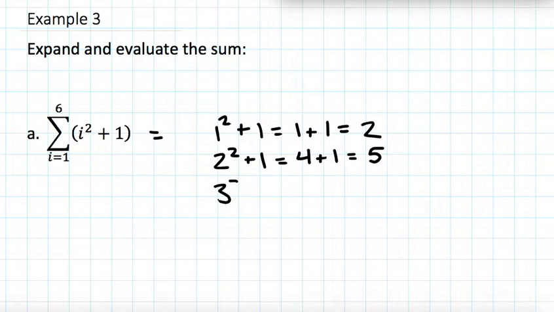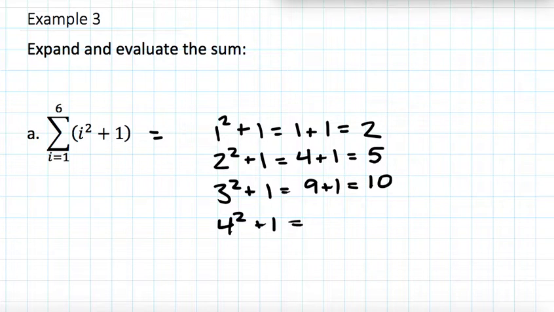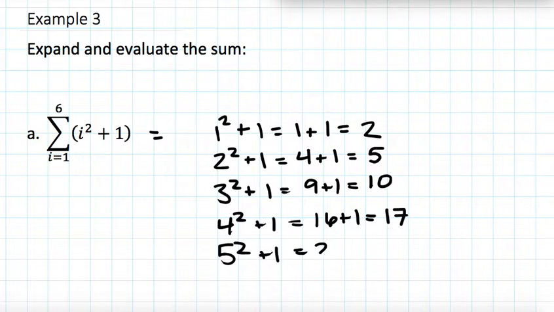Next, I'm going to plug in 3. 9 plus 1 is 10. Next, I'm going to plug in 4. 16 plus 1 is 17. Next, I'm going to plug in 5. 25 plus 1 is 26.